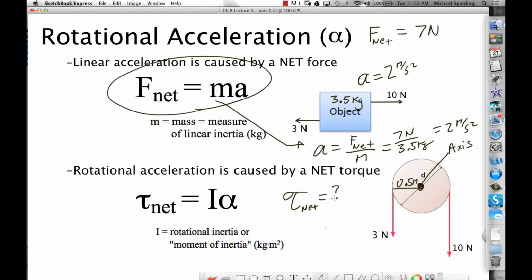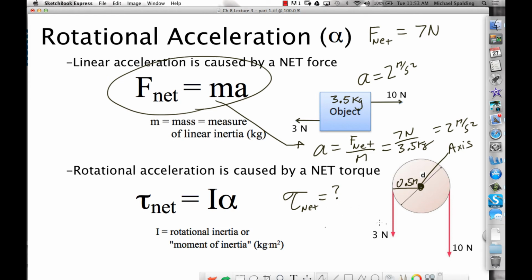And by the way, is this wheel going to stay at rest or what? What would happen to this wheel? Spin. It's going to not just spin, but it's going to accelerate. Pretend these forces are created by masses hanging here. That wheel would not just spin, but it would accelerate. And the reason I know that it would accelerate is because we have a net torque.